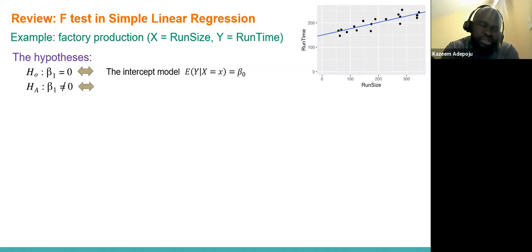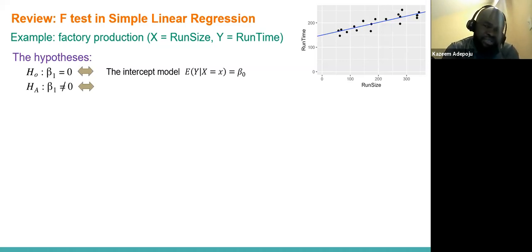So what we're trying to say is that the average time, using the data that we're using right now, the average time that it takes to run a particular item given the run size, is more or less beta naught.